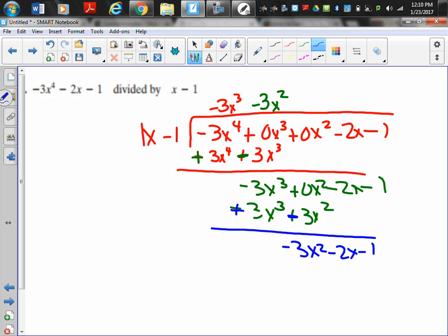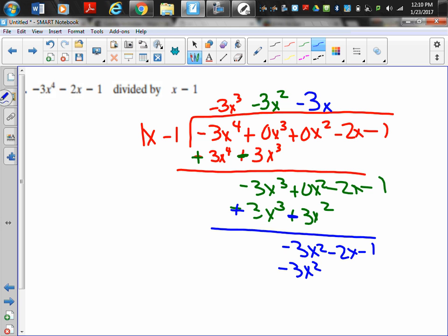Alright, so 1 times what is negative 3? Negative 3. X times what is x squared? X. So, negative 3 times 1x is negative 3x squared.